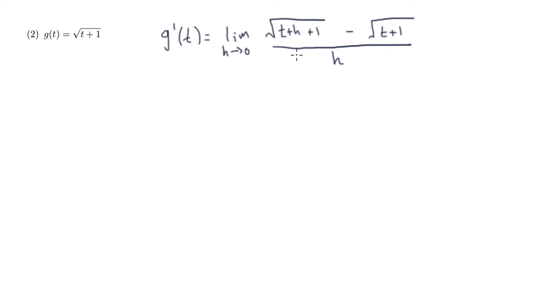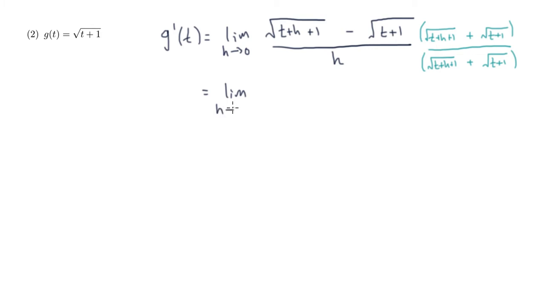Well, we have some square roots, that's a red flag, multiply by the conjugate. So let's multiply by square root of t plus h plus 1 plus square root of t plus 1. Now we have to do that on the top and bottom. We can't just do it for free. And why do we do that? Because the numerator now becomes a difference of squares.